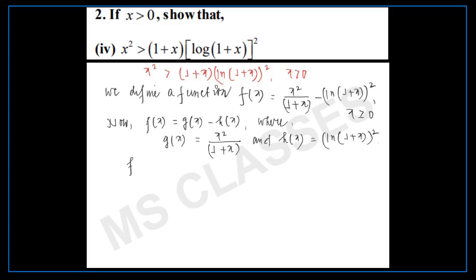For x greater than 0, g(x) is a differentiable function.